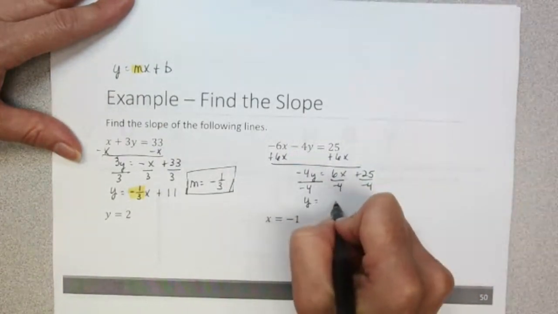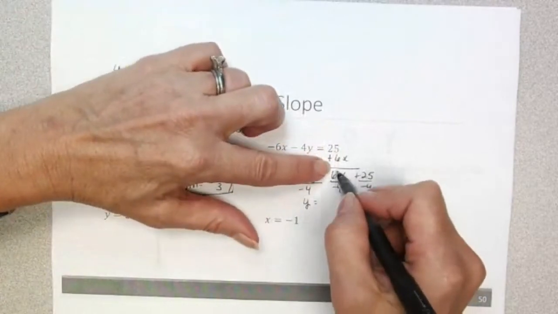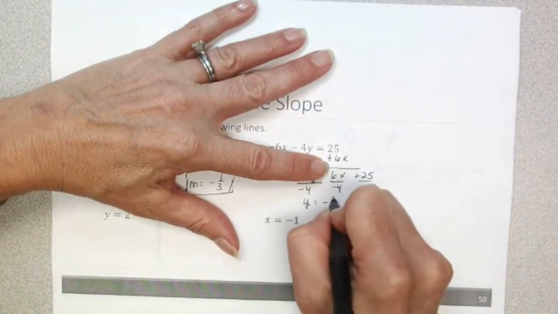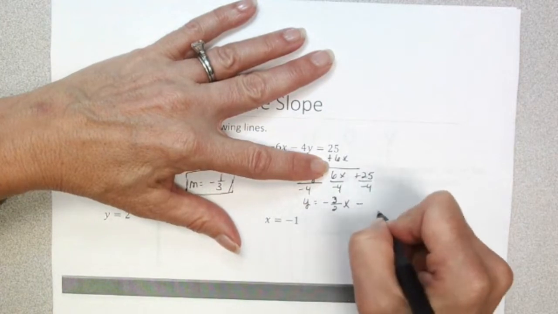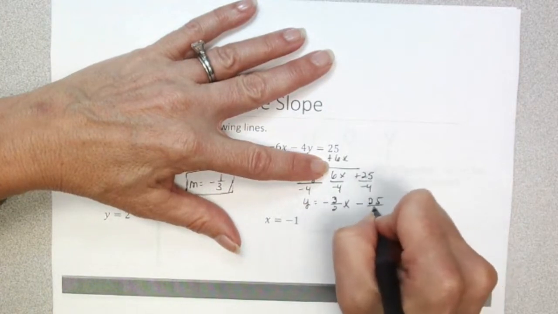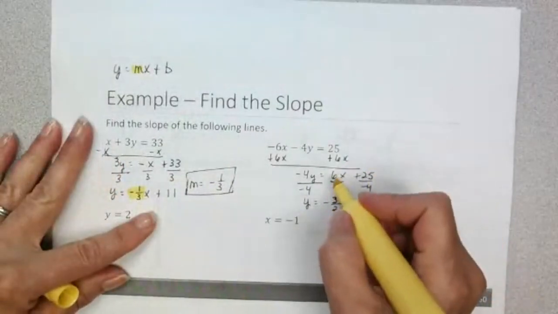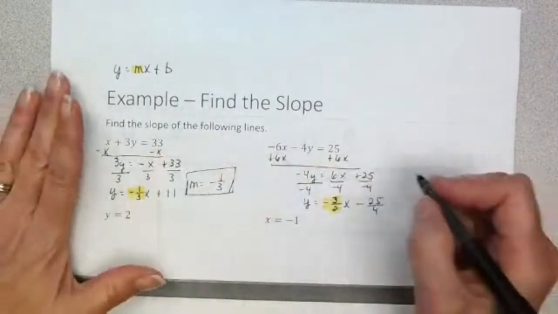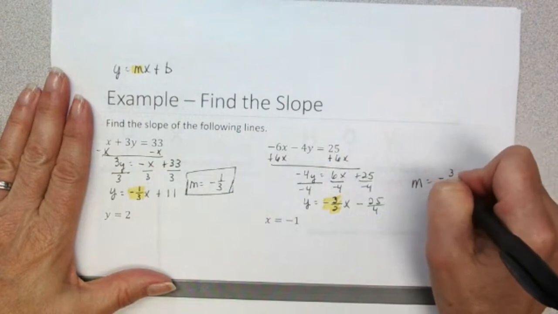So then y is equal to 6 over -4, which will reduce to 3 over -2, or -3/2 x minus 25/4. All right, now that we solved for y, we can see that the slope is that coefficient of the x, or -3/2.